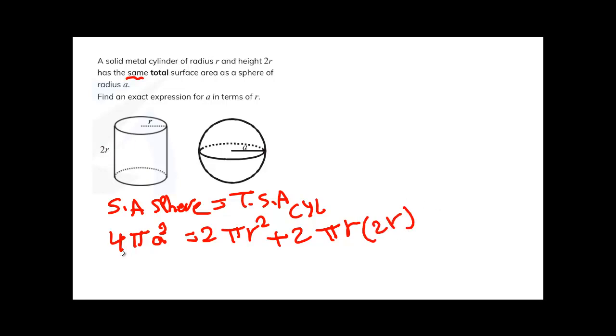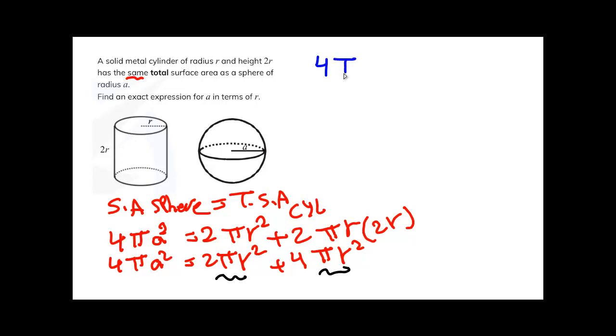Let's try to make it simpler. So 4 pi a squared equals 2 pi r squared plus, here 2 multiplied by 2 is 4 pi, and r multiplied by r is r squared. Now, as you can see, these two terms are like terms, so we can add them. When we add them, it will be 4 pi a squared equals 6 pi r squared.